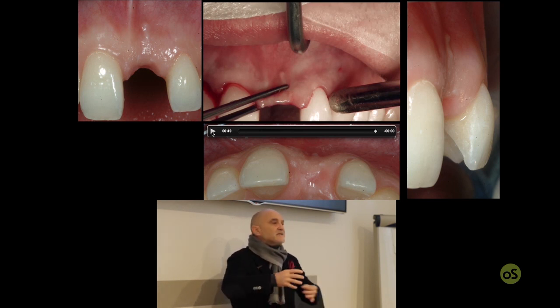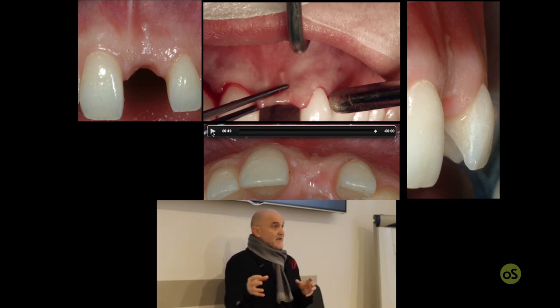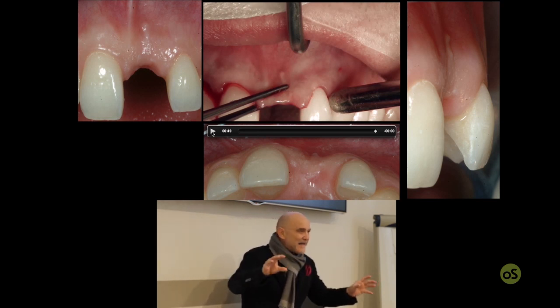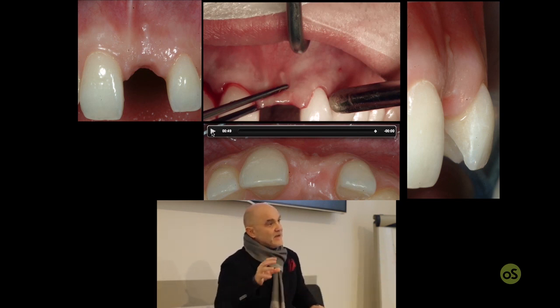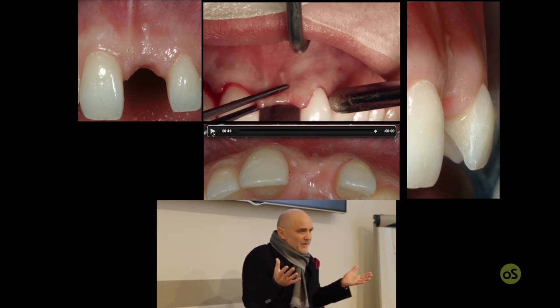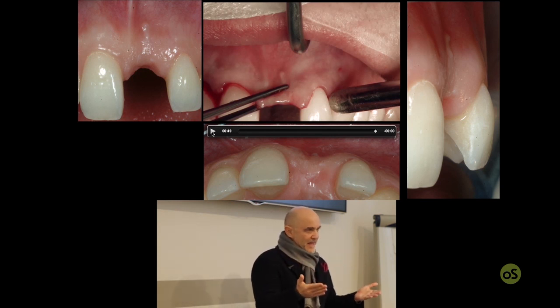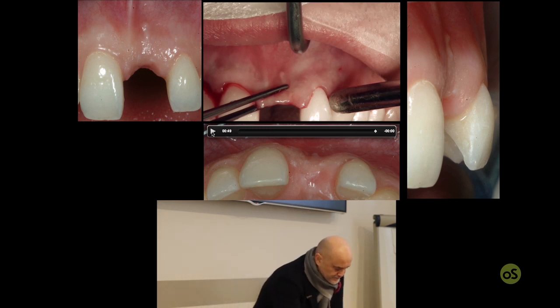If the adjacent teeth have whatever type of malalignment, you can treat this also in one surgical procedure, and eventually you can also add a connective tissue graft if some of these teeth don't have any remaining or enough keratinized tissue, because this flap is identical to the flap we use for treating multiple gingival recession.